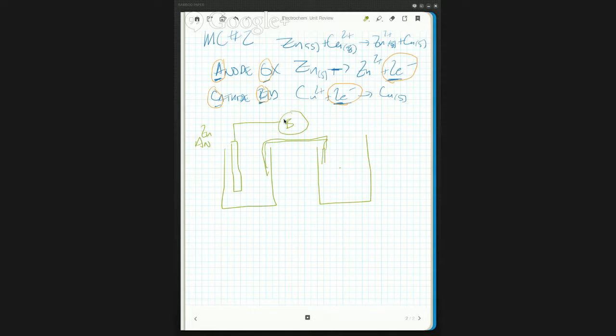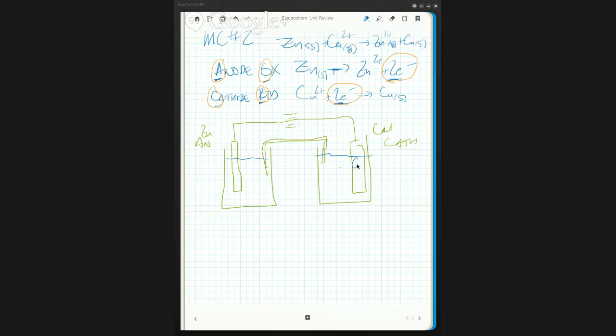This is your battery. I don't really know how to represent it really well. I'm not really good at the physics side of it, but okay. And then this is your copper, and this is happening at the cathode. And we'll put some solution in here.